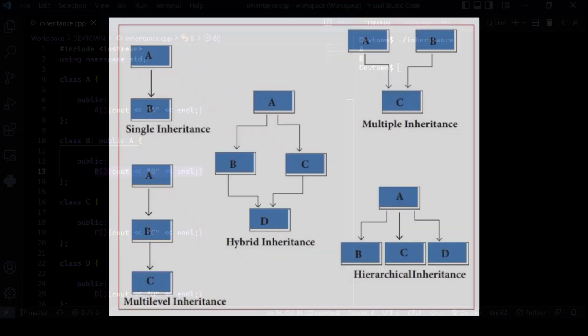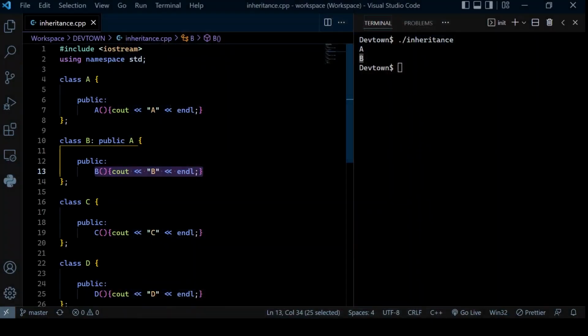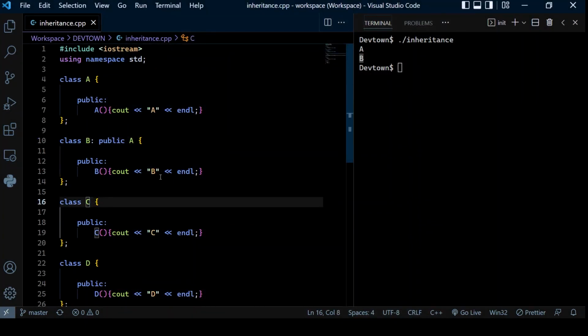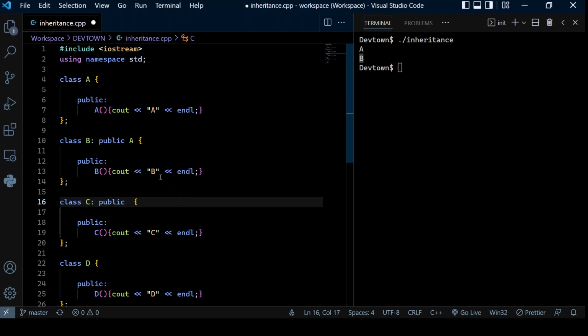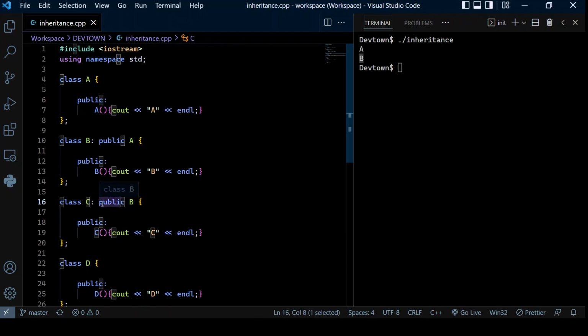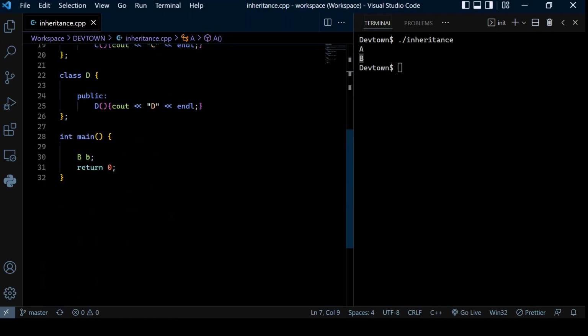Next, we will look into multi-level inheritance, in which three classes are involved, one after the other. So we have B, which inherits from A. Now we'll make C inherit from B, public B. Now let's create an object of this class and see the order in which the constructors are being called.